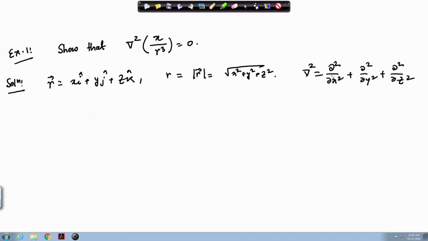That means the partial derivative with respect to x twice, with respect to y twice, and with respect to z twice. On this Laplace operator, we always charge a scalar function, because the Laplace operator is itself a scalar operator in a way. That is why here you have a scalar function x by r cube.